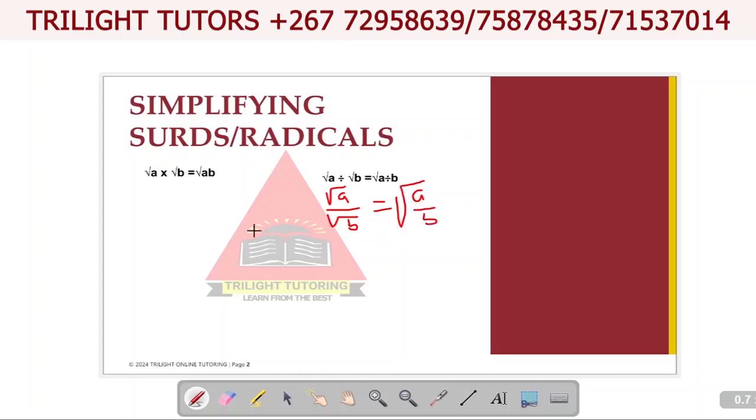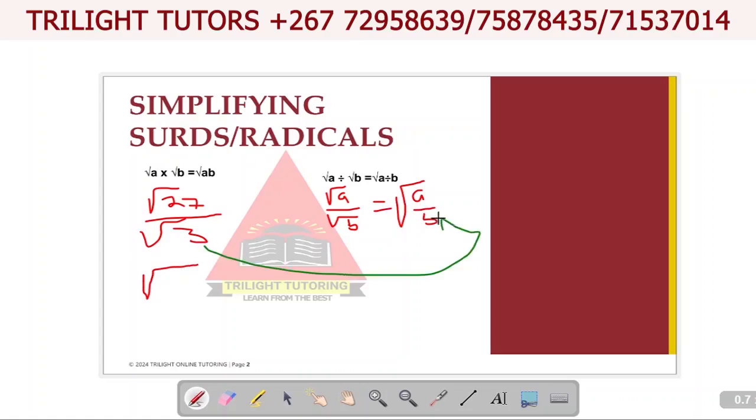Now let's say you have the square root of 27 divided by the square root of 3. Remember, we are taking this to this law, right here. 27 divided by 3.